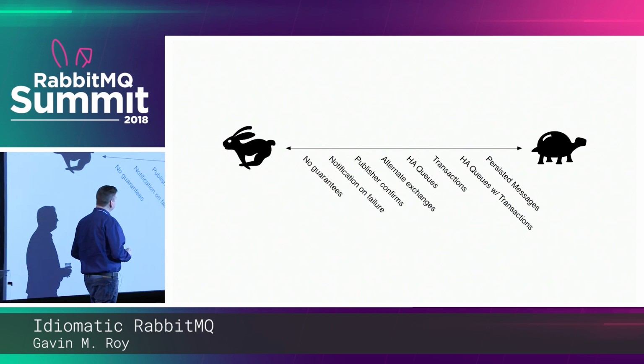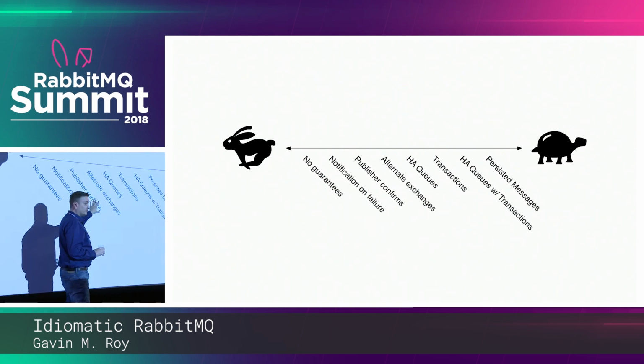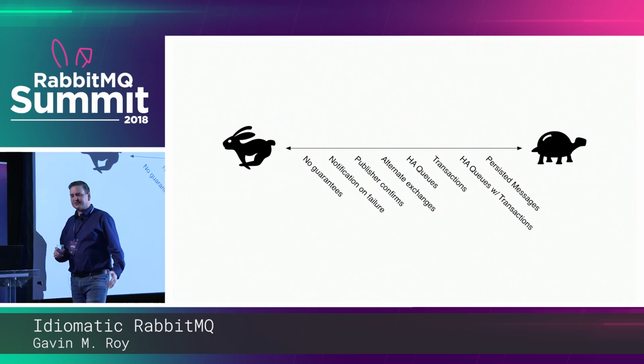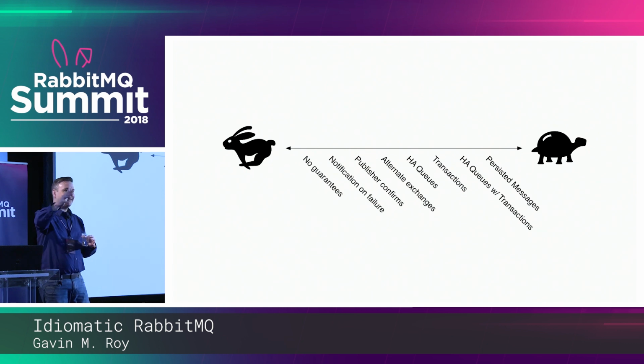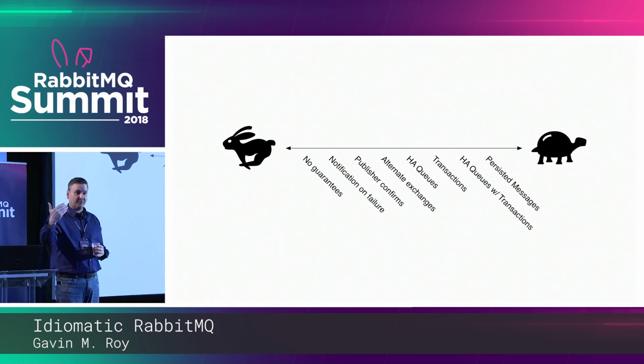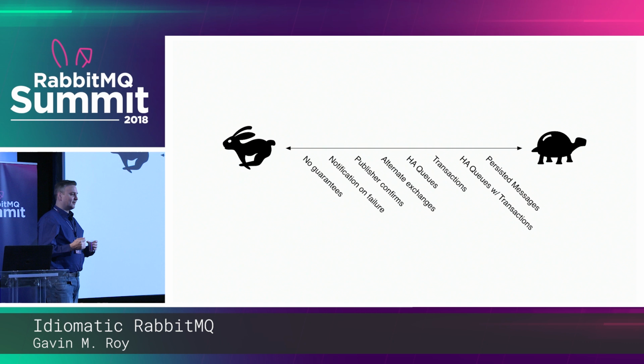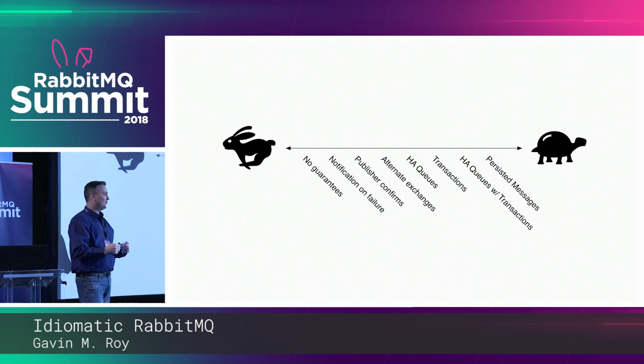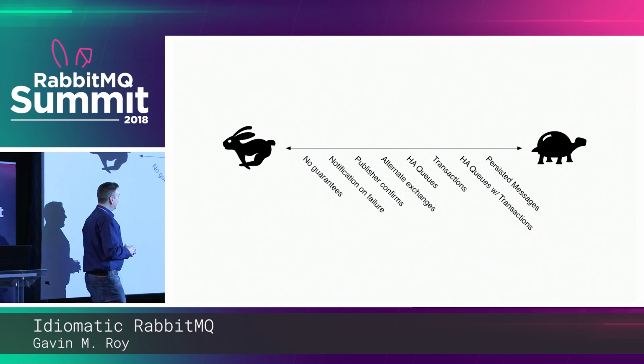HA queues, or mirrored queues, are slower, but they're only slower because the message is coming in and it has to replicate out across all the RabbitMQ nodes in the cluster that you've defined, based on the number of replicas you want in the queue. Think of it like multi-master replication in a database. It's got to arbitrate: I've received this message, I know it's in all the queues it's supposed to be in, I've published it out, I know it's been removed. So that's what makes it slower.